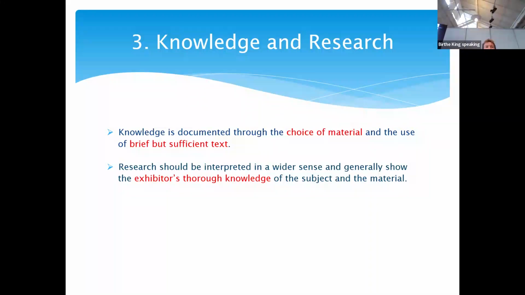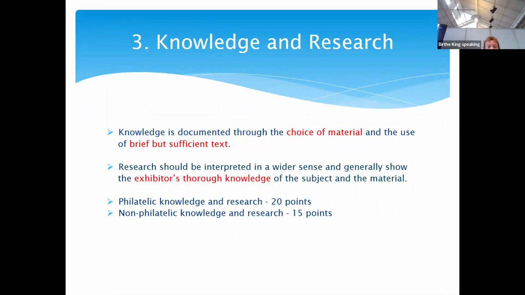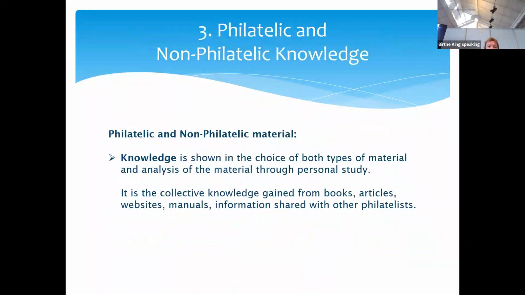Research should be interpreted in a wider sense and generally show the exhibitor's thorough knowledge of the subject and the material. And philatelic knowledge and research is 20 points. Non-philatelic knowledge and research is 15 points. So you see that's your next 25 points.